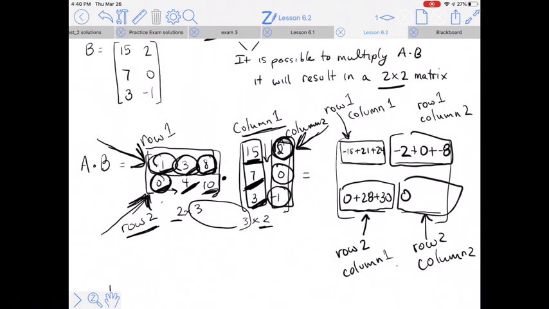That's 0 times 2, which is 0. Now I need the second entry of row 2 and the second entry of column 2. 4 times 0 is 0. And then I need the third entry of row 2 and the third entry of column 2. Multiply that to get -10. So I'm going to add -10.